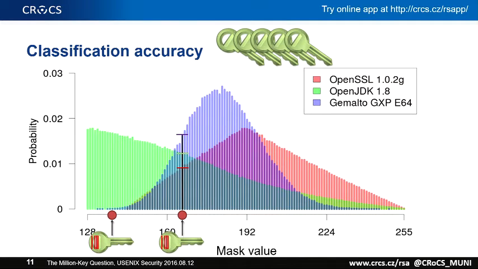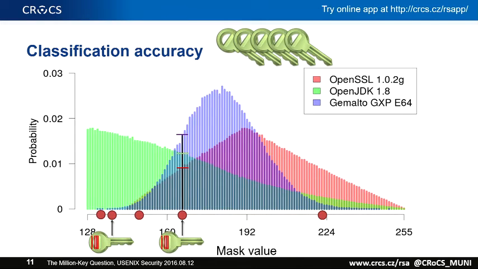If we will add another key, this one is interesting, because this mask value is never produced by the red source, in this case OpenSSL. So we know it can't be OpenSSL. It still can be a blue one, but the green one is way more probable. And as you are adding more and more key values, you are more and more sure that it was the green. So this is some basic feeling for error we have. Okay, more keys, better accuracy.